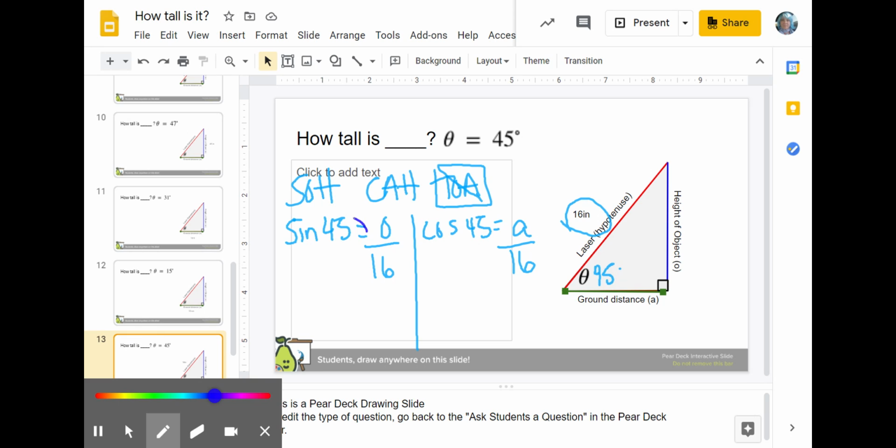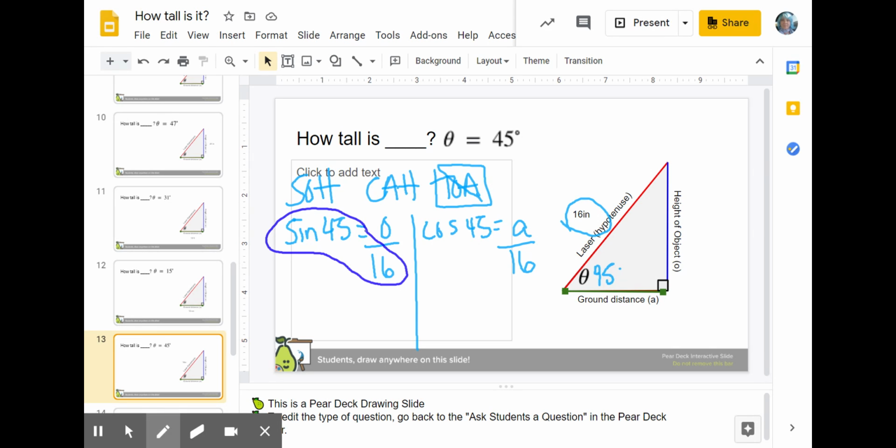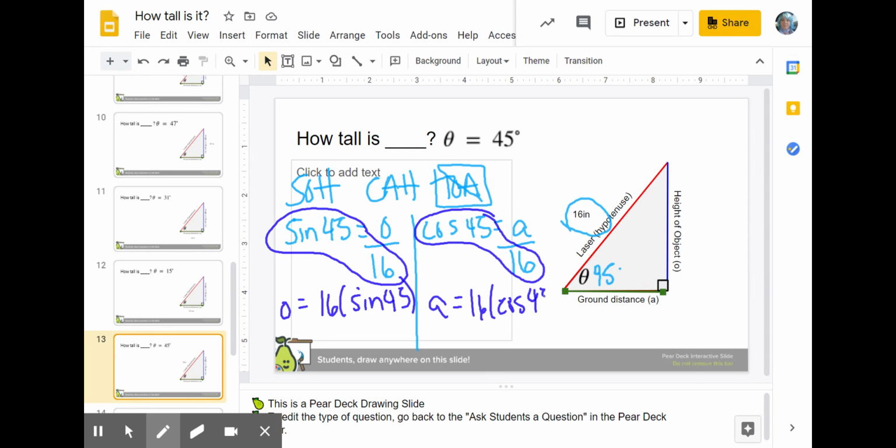Multiply them. Yeah, I have a number in the denominator, so I can just multiply, right? So O equals 16 times sine of 45, and A equals 16 times cosine of 45. And then we go to our calculator.